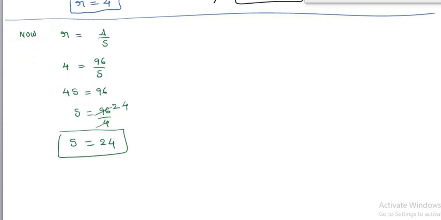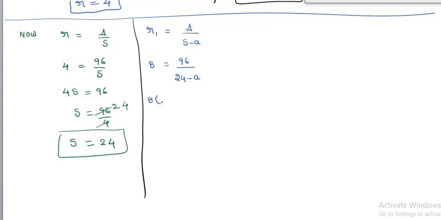Next you have to find out A, B, C values. R1 is equal to delta by S minus A. So R1 value is 8, delta value is 96, S value 24 minus A. Cross multiplication: 8 into 24 minus A is equal to 96. 24 minus A is equal to 96 by 8, which is 12.